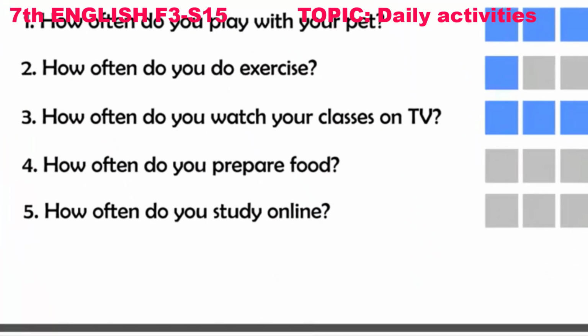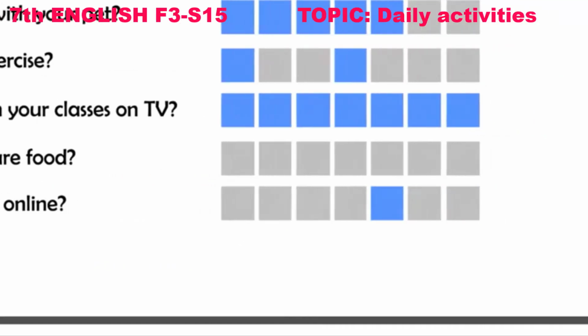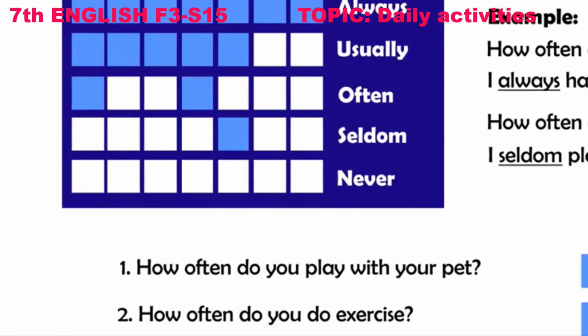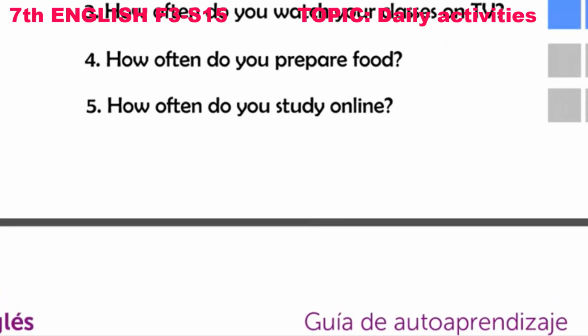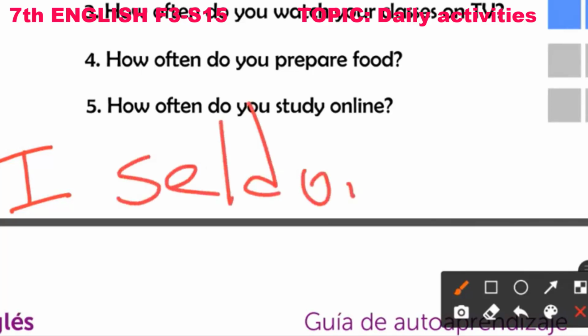Now, another example. How often do you study online? Y solo tiene una. A ver, seldom. Empecemos. I, el pronombre. Luego va antes del verbo el frequency adverb. ¿Cuál era el frequency adverb? Seldom. Ahora el verbo, study online.